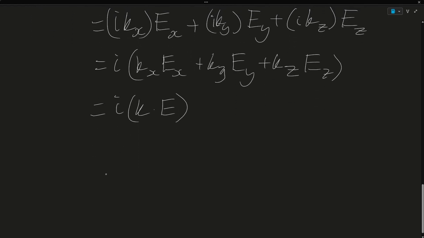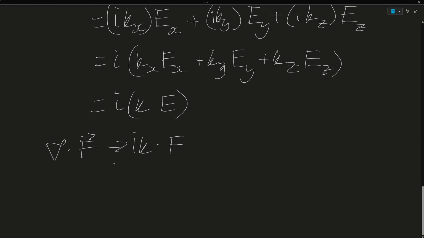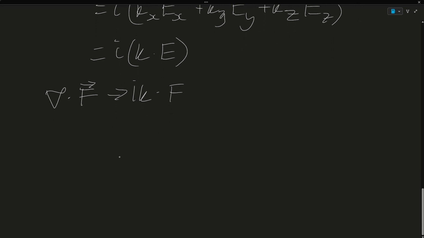In fact, further to this, we can say that for this circumstance, the divergence operator on some field F transforms as i k dot F. Because that would be expanded and it would just be i k, because this is multiplicative.